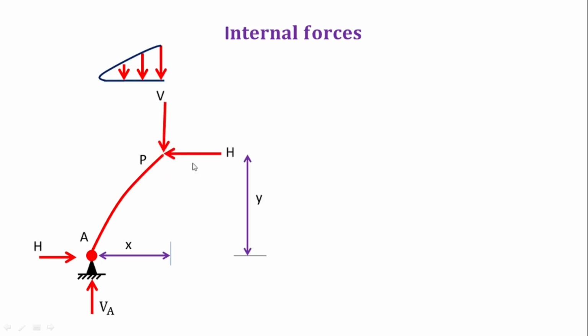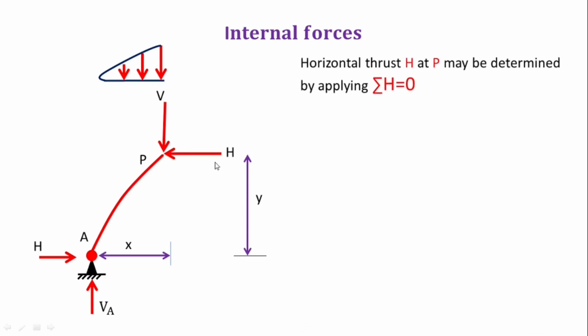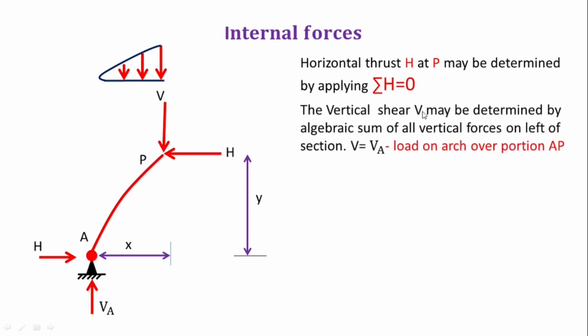Now this is the free body diagram of the AP portion, and at P two forces are acting, H and V. The horizontal thrust H at P may be determined by applying the sigma H condition, and the vertical shear V may be determined by the algebraic sum of all the forces on the left-hand side of the section.